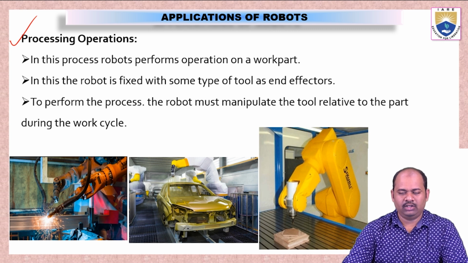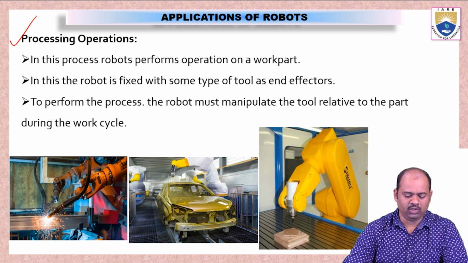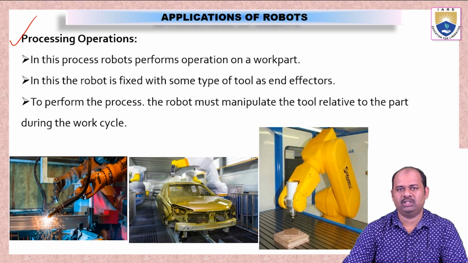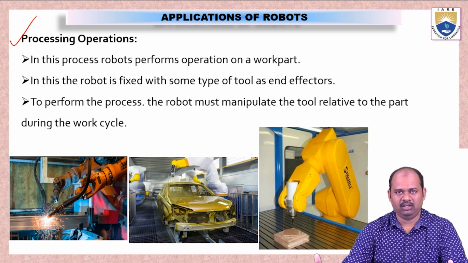We can see three pictures in this slide. The first one shows the robot doing arc welding. Arc welding is a welding process which uses electricity and uses the resistance of the workpiece and air to generate a large amount of heat in a very small place. Local heating of the metal causes the generation of a spark.